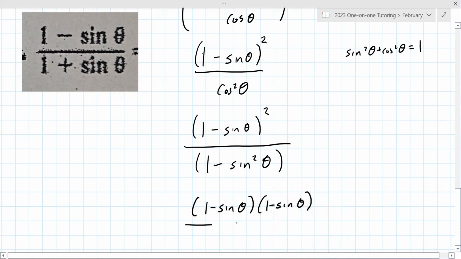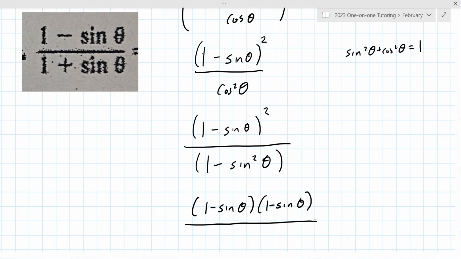So what can you do with the bottom? The bottom factors. It's a certain type of factoring.